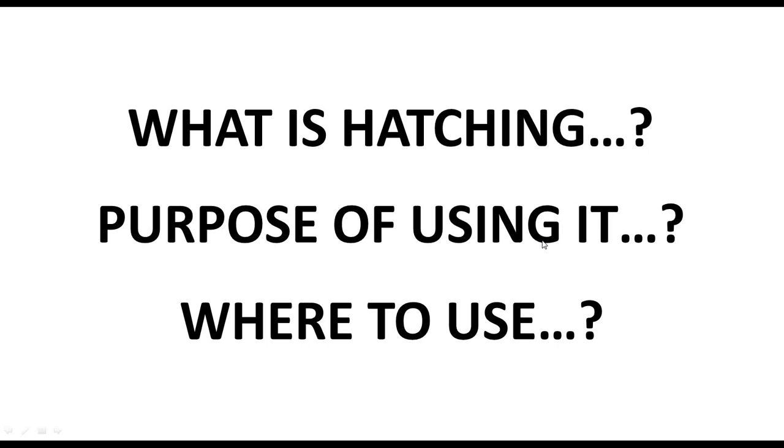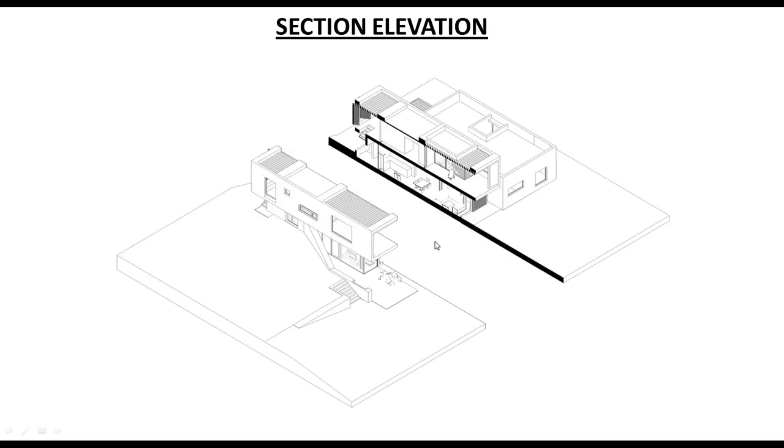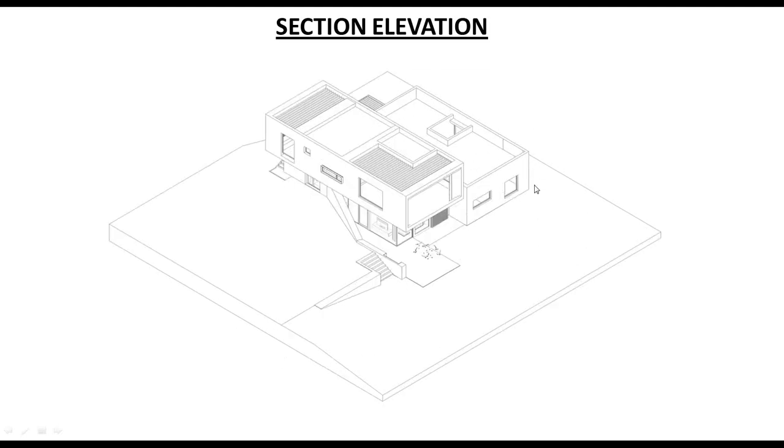So next is where to use. We use this hatch command in section views, elevations, and in plans. Now as you can see, there is a small graphical representation of a section elevation. Here you can see a building that is divided into two parts from here, and after separation, the portion which actually cuts is shown in dark black.